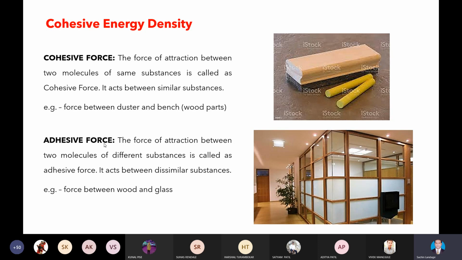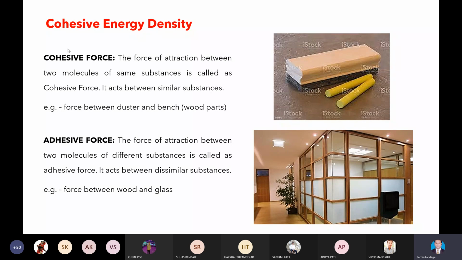Next is adhesive force. Adhesive force is the force of attraction between two molecules of different substances, and it acts between dissimilar substances. For example, wood and glass: the force of attraction between them is called adhesive force.